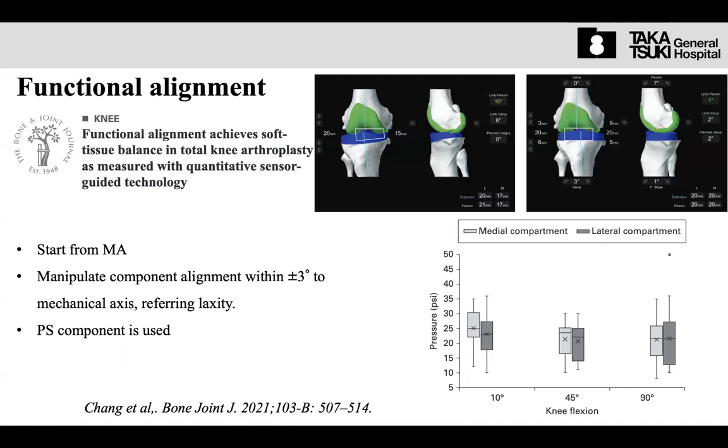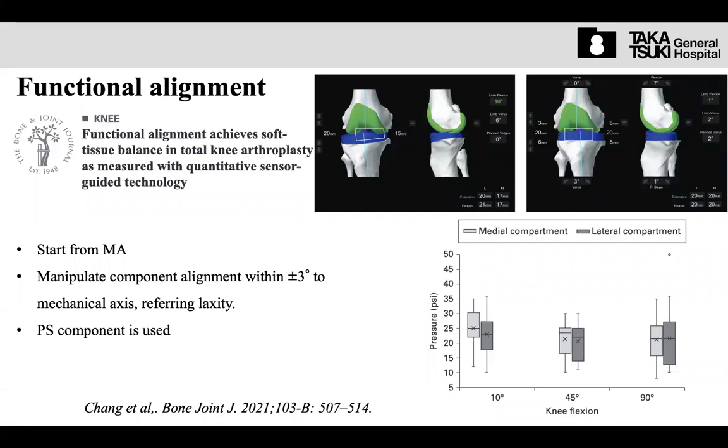But if we replace the femur side with the same thickness as the component, some patients are well balanced, but some patients have a big flexion gap. That might decrease the patient outcome and stability.